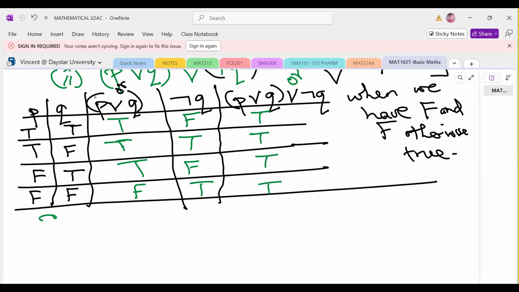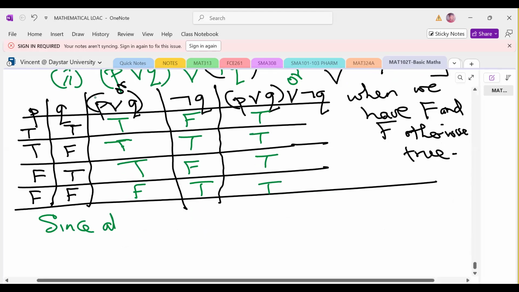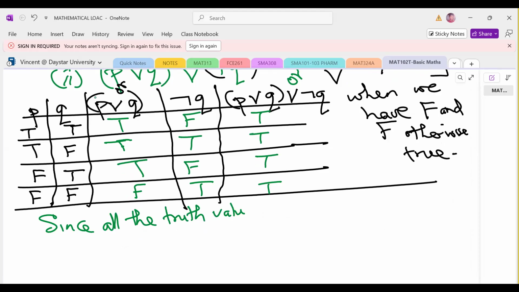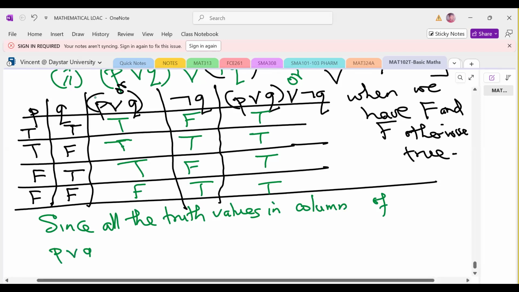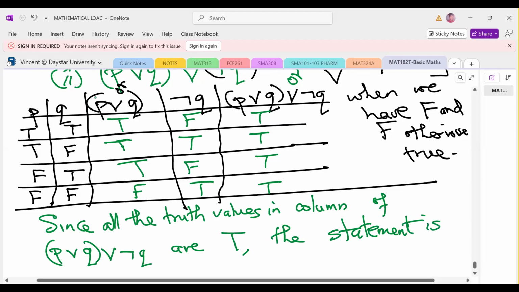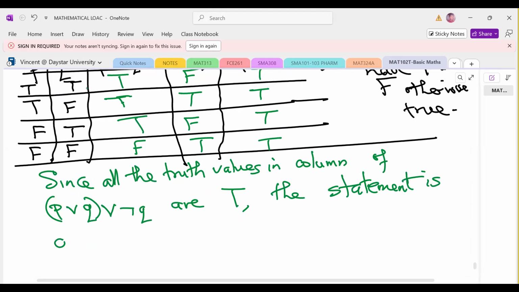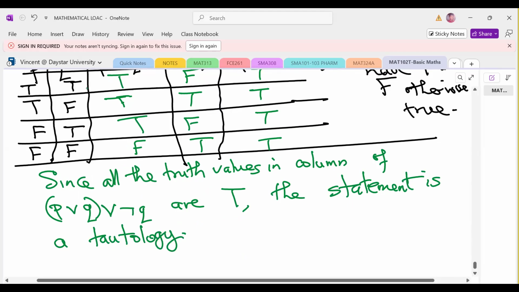You say, since all the truth values in the column of P or Q and or not Q are T, the statement is a tautology. So therefore that becomes a tautology.